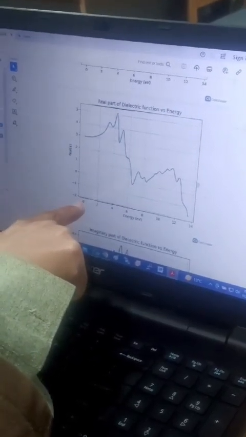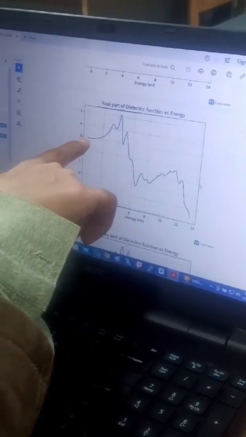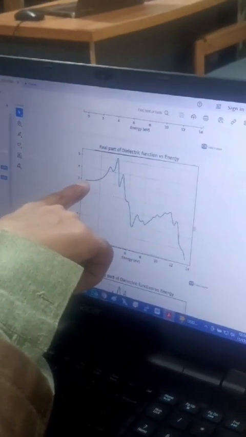At zero, when you did not expose your material to light, your material already possesses some energy, about 3, which means it already has some stored energy.